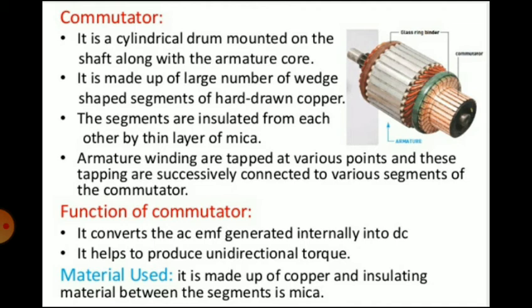It is made up of a large number of wedge-shaped segments of hard-drawn copper. The segments are insulated from each other by a thin layer of mica.